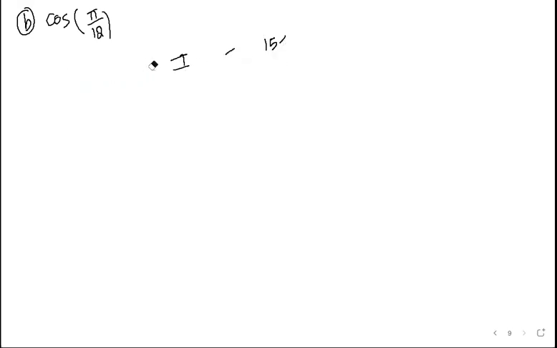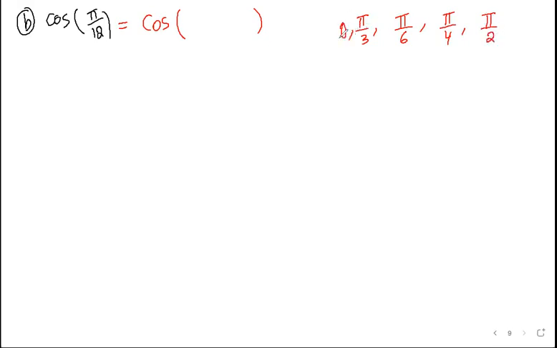So the best thing here is to look for angles for which the cosine gives me plus or minus any angle whose value I know. For example, I know the value for pi over 3, pi over 6, pi over 4, pi over 2, and 0.